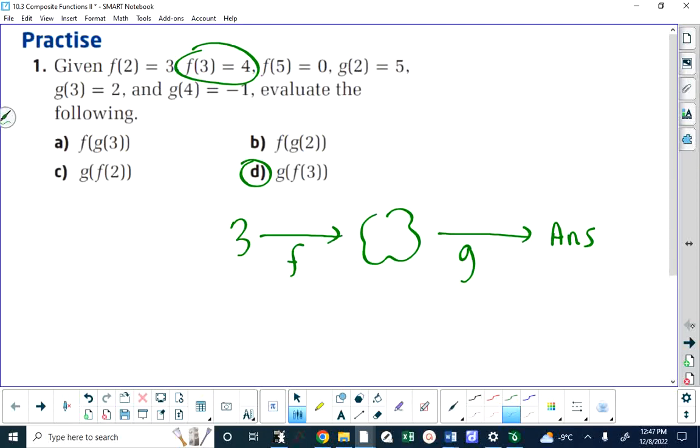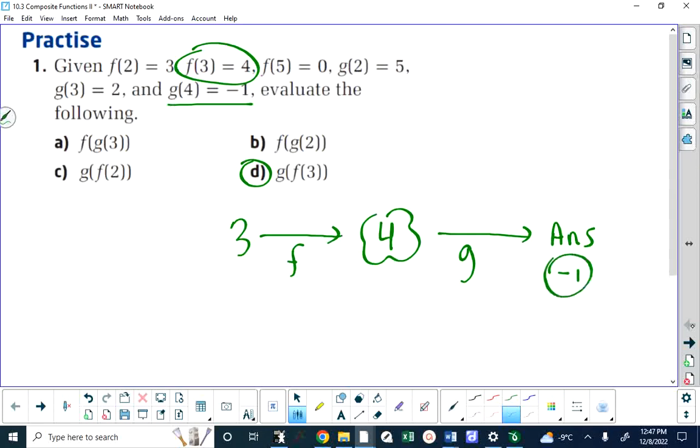That means when x is 3, y is 4, which means 4 comes out of f when x is 3. Now, you don't have an equation for g that you can feed 4 into. You don't have a graph for g that you can look at the x coordinate of 4, but you are literally told what g of 4 is. It's equal to negative 1, which means that when x is 4, y is negative 1, which means when the input on g is 4, the output is negative 1, so that's your answer.